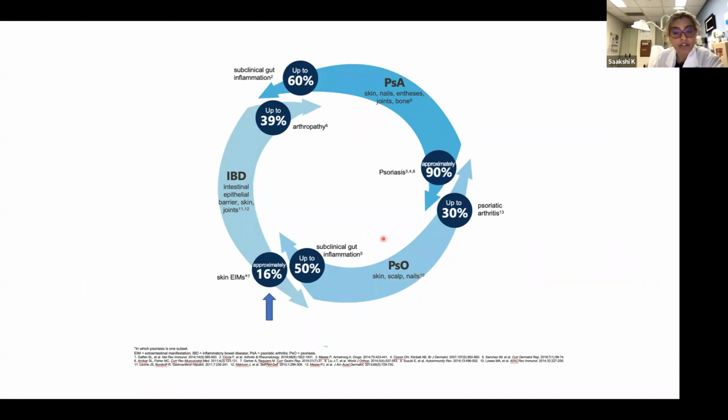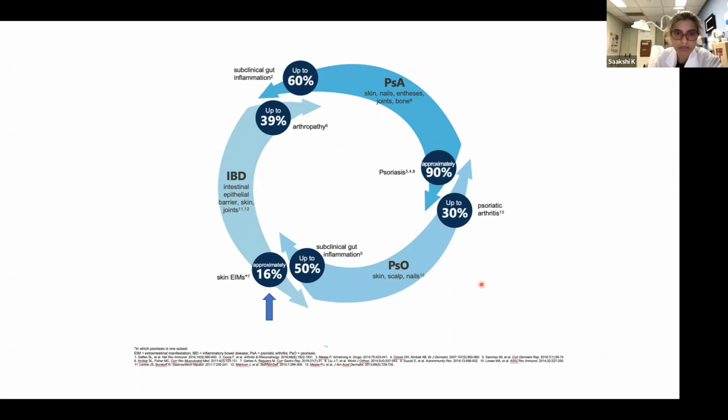If you have patients that have just psoriasis, as I mentioned, a third of them will have psoriatic arthritis, but up to 50% can have subclinical gut inflammation that is suggestive of IBD. And the same thing, if you have psoriatic arthritis, 60% of them have subclinical gut inflammation, and about 90% of them have psoriasis. So it's kind of a chicken or the egg situation, like which came first.